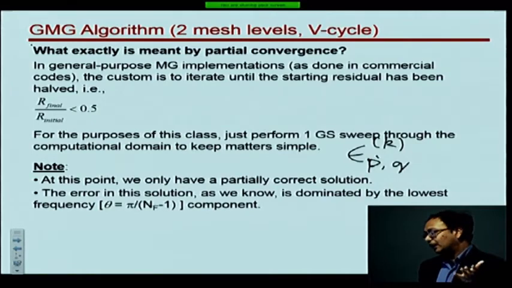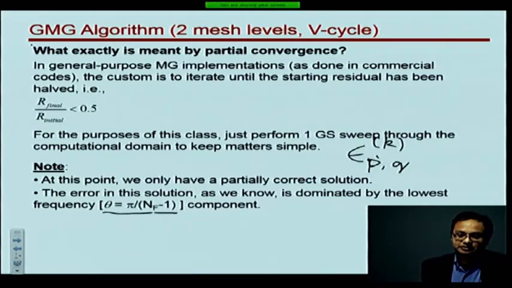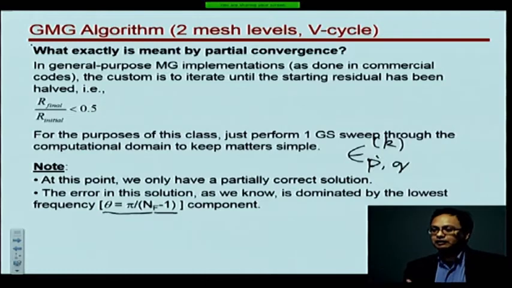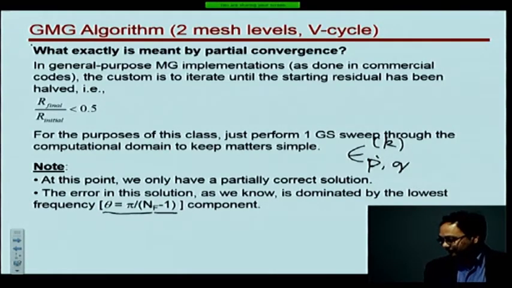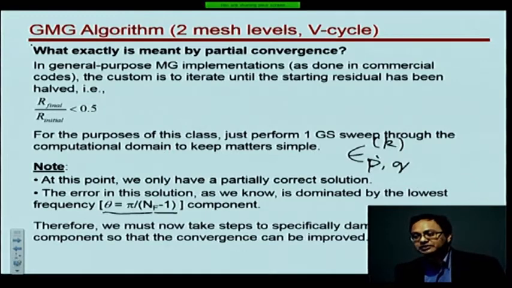That error, as we have found, is dominated by the lowest frequency component. Maybe dominated is not a good word, but that's the component that we know we have to somehow address. Because otherwise this is going to converge like the plain Gauss-Seidel, nothing better. All right. So therefore, we must now take steps to specifically damp out that error component so that the convergence can be improved. And how do we do that?